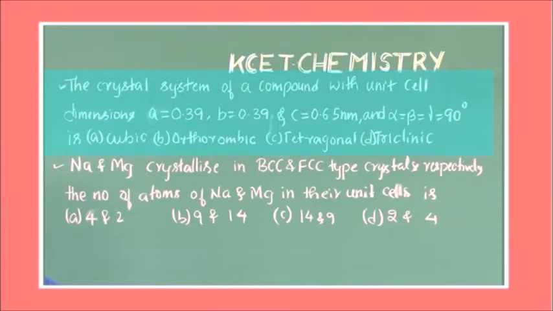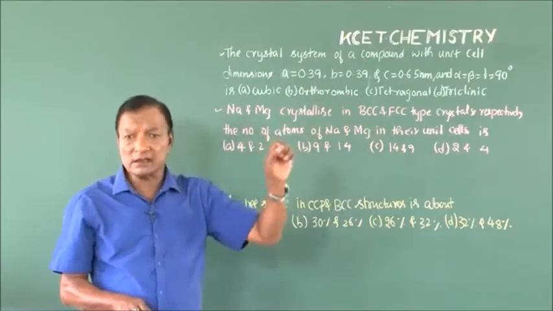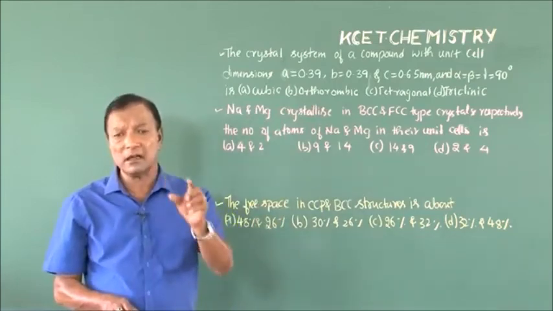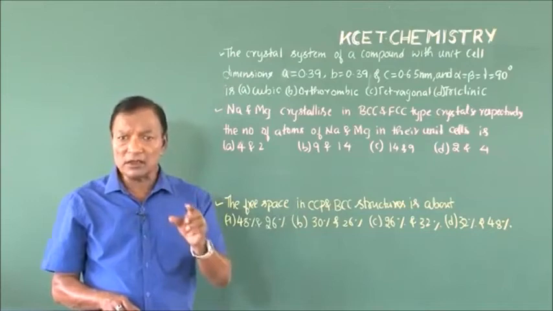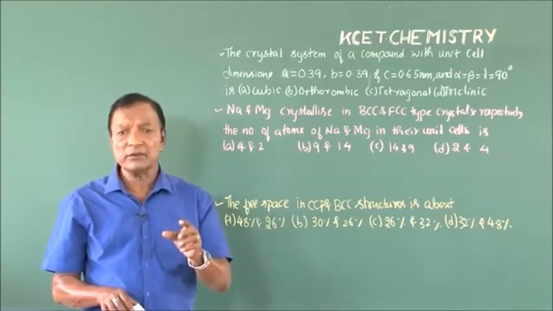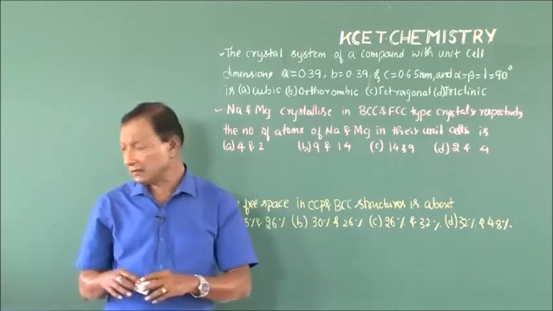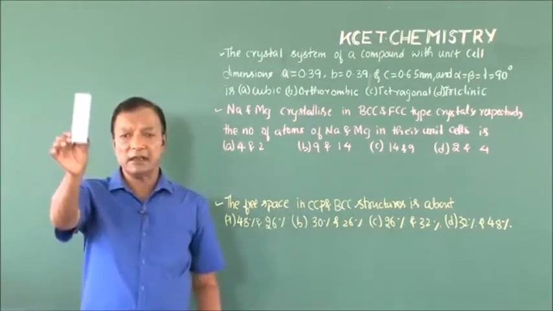A is equal to B and not equal to C, while all the angles are equal and equal to 90 degree. And this is nothing but the tetragonal system. So the tetragonal system is something which can be visualized with a unit cell of this type.